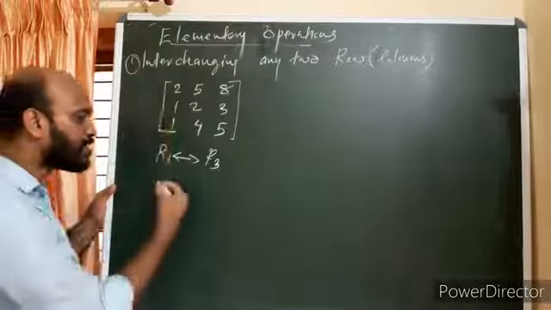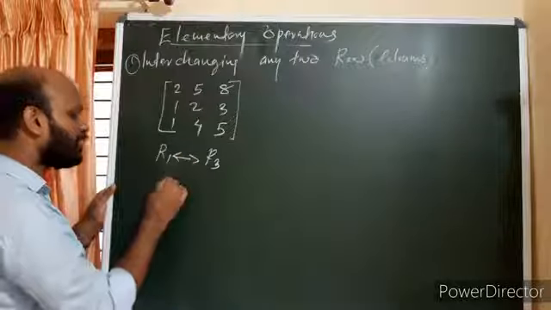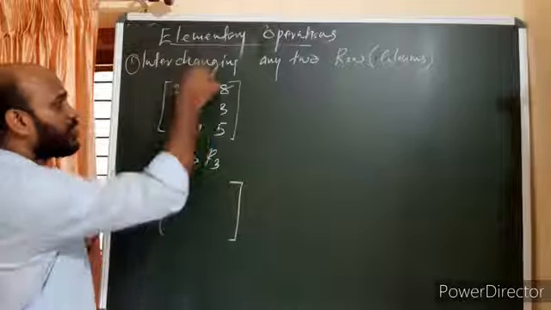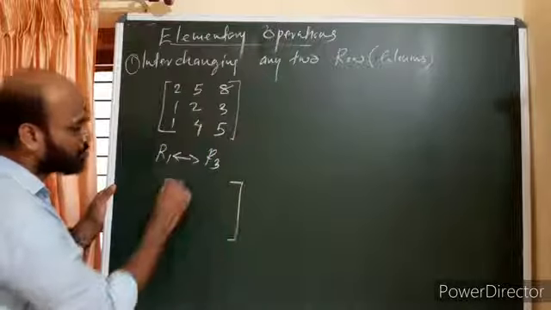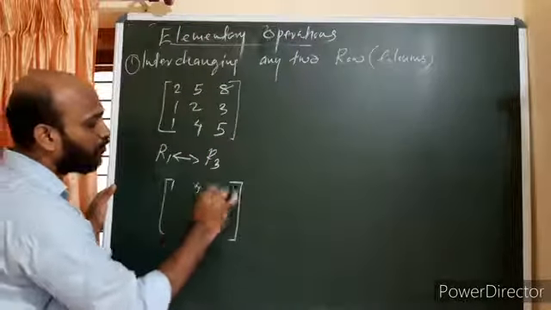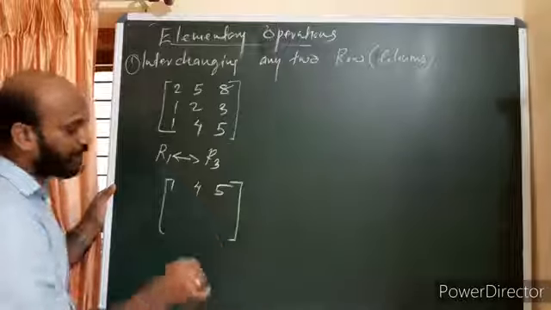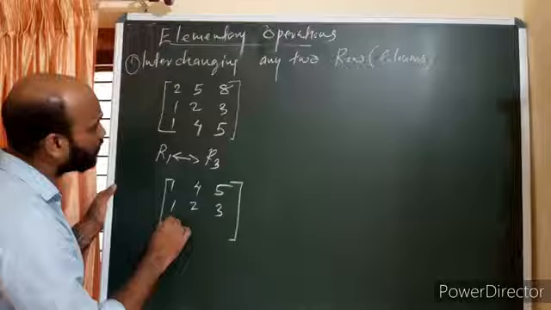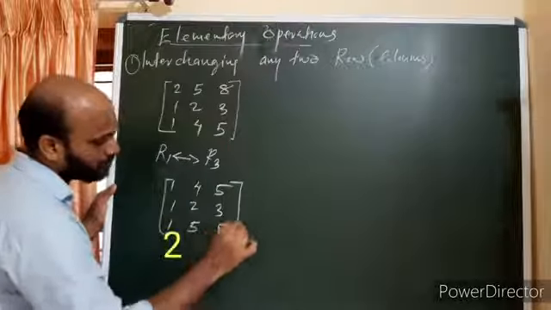After using this rule, the first row changes to the third row. So the first row will be 1, 4, 5. The second row will be the same, 1, 2, 3, and the third row changes to the first row, 2, 5, 8.